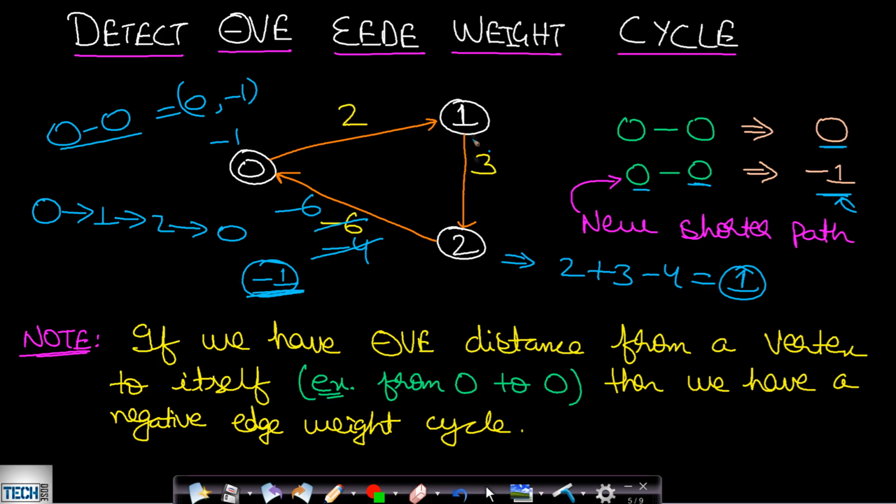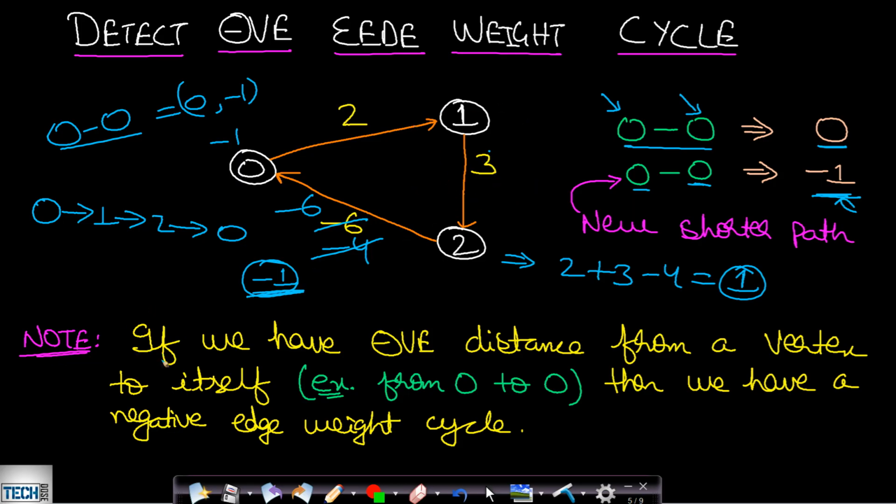So this Floyd-Warshall algorithm can detect the negative edge weight cycle, because we need to check that the self distances from the same vertex to the same vertex should always be 0 and not less than 0. If you find any vertex to the same vertex distance as negative, then that indicates that this graph has a negative edge weight cycle, and so the shortest path cannot be found.